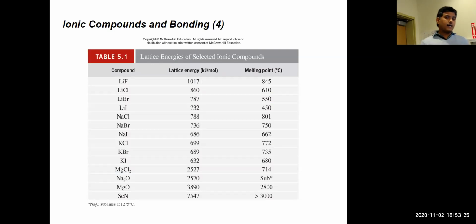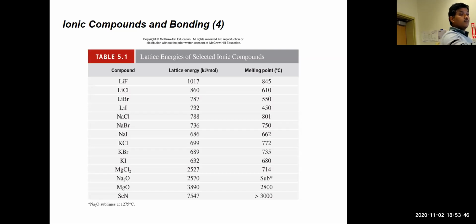So here are the lattice energies for different ionic compounds and their melting points. You don't need to memorize these numbers by heart, but you need to remember the trends in these sets.